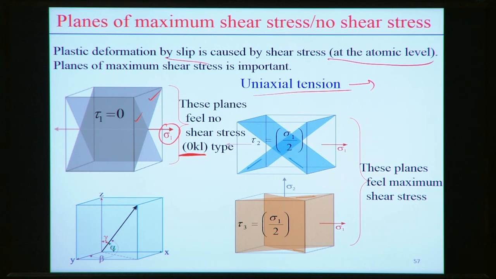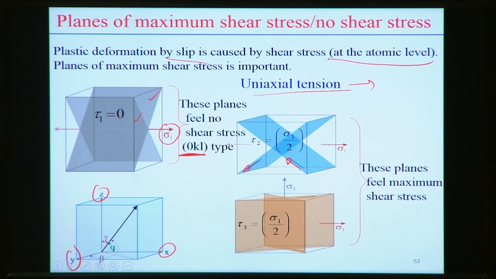Now if we investigate some other planes, what is the state of the shear stress there? If we look into another plane, this is one plane and this is another plane. All these planes are defined with reference to the coordinate system x, y, z.